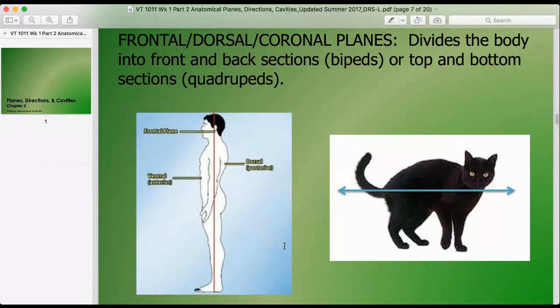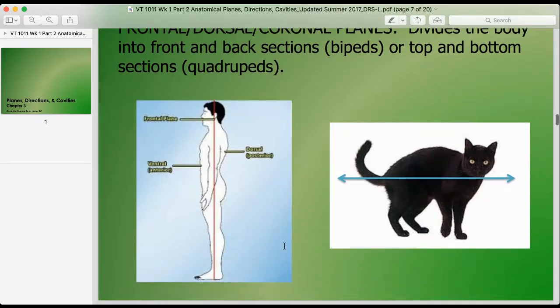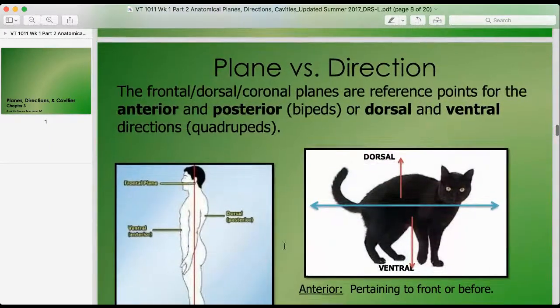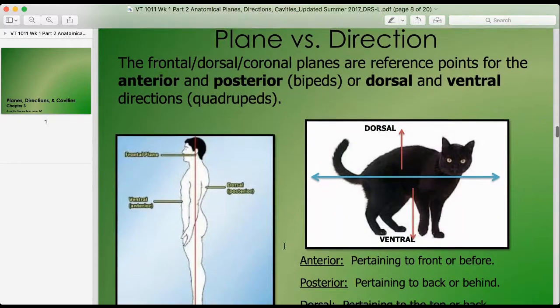And then we also have the quadruped. It divides it into a top and bottom. So dorsal would be toward the animal's backside, and the other plane is toward the animal's abdomen. So dorsal and ventral, we call it.